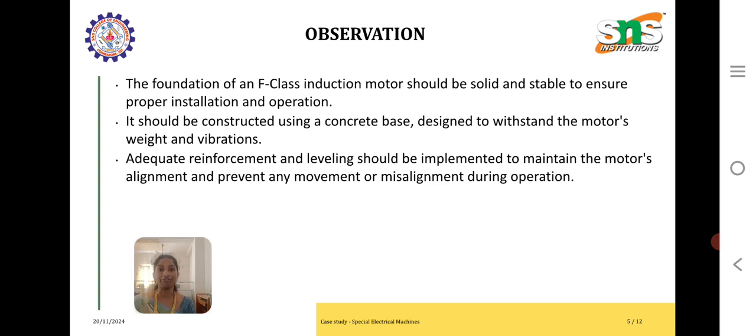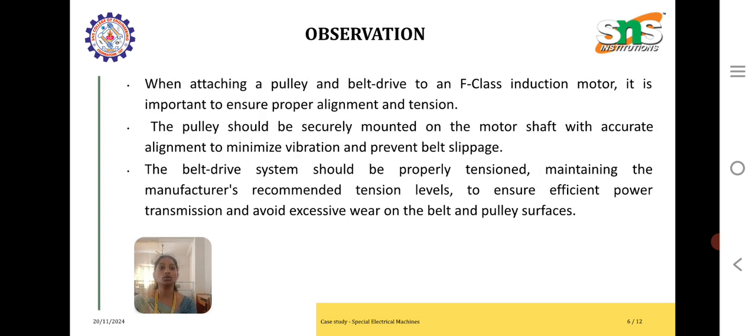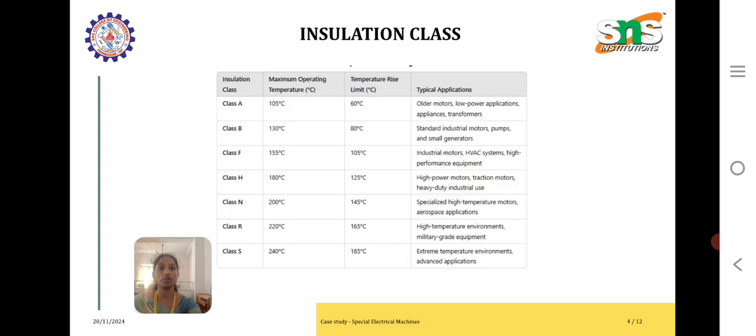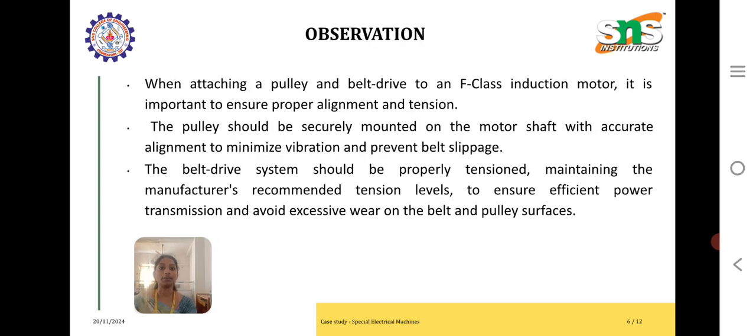Adequate reinforcement and leveling should be implemented to maintain the motor's alignment and prevent any movement or misalignment during operation. The belt drive system should be properly tensioned, maintaining the manufacturer's recommended tension levels to ensure efficient power transmission and avoid excessive wear on the belt and pulley surfaces.